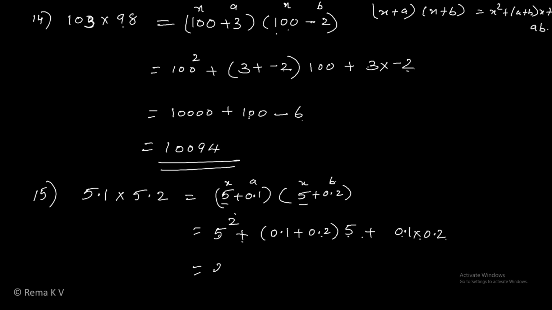5 square is 25. Then what about 0.1 plus 0.2? 0.3 into 5, which gives 3 into 5, 15, 1 decimal place, so it is 1.5.